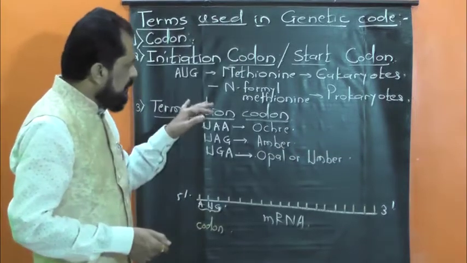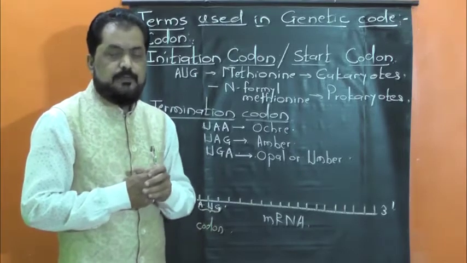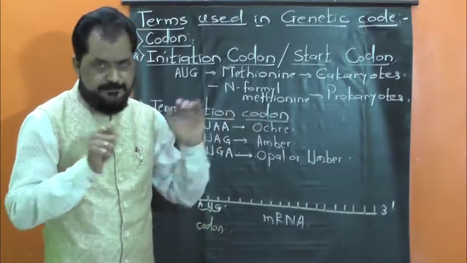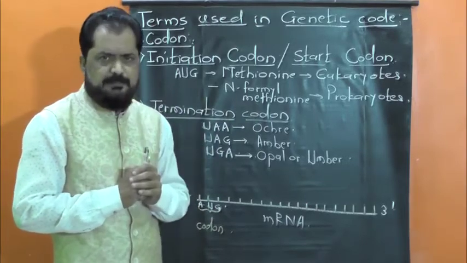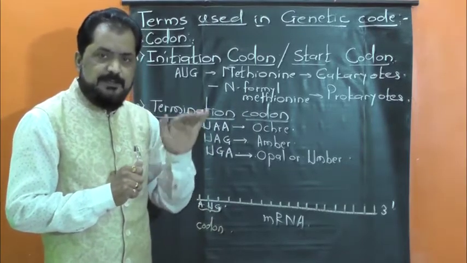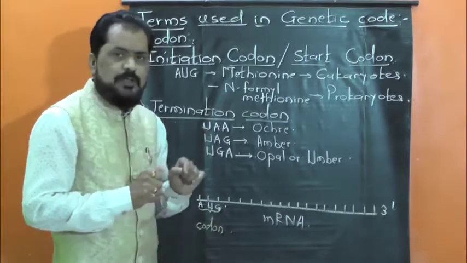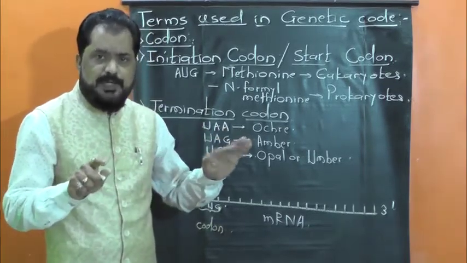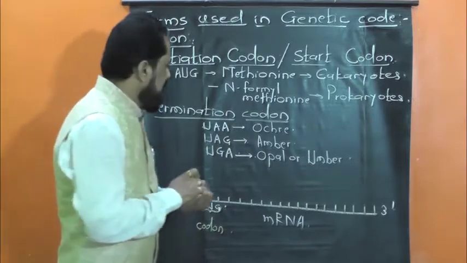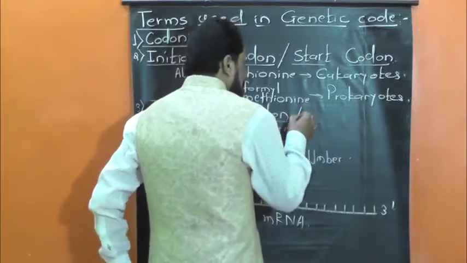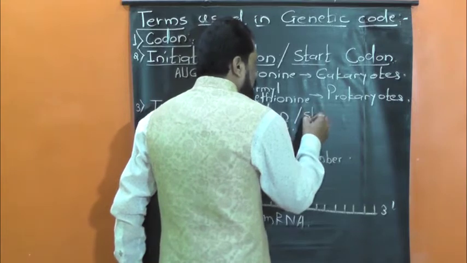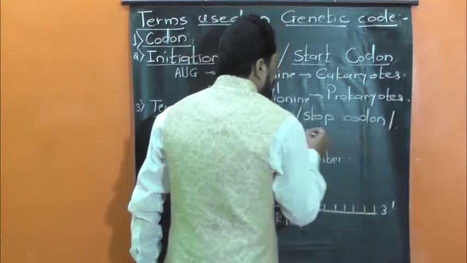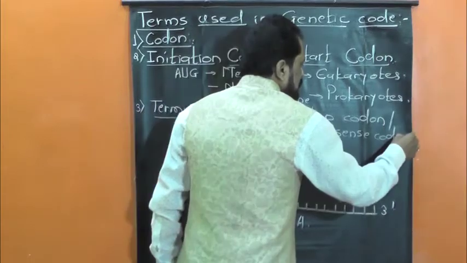Now, these termination codons do not specify any amino acid. They do not bring information for any amino acid. That's why these termination codons may be known as stop codons or nonsense codons.